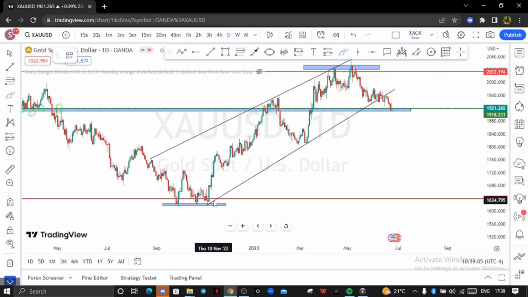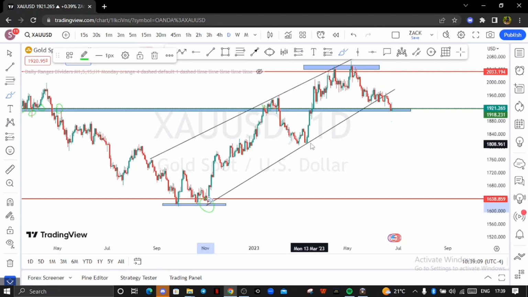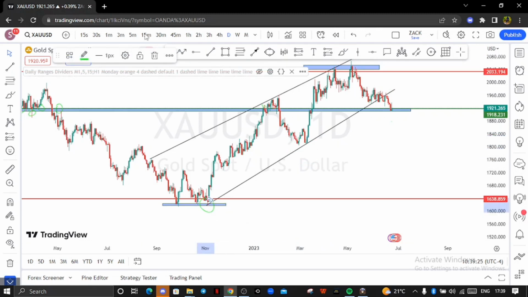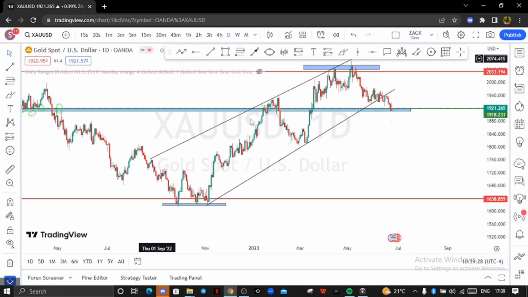They're normally high probability setups for me. When I see this as the first touch, this as the second touch, and then this was the third touch, but the market broke out. So at this point I'm expecting that the sales are highly probable, but I'll just be reacting to what the market will be showing me, because I don't know for sure. I'm waiting for confirmations before I can enter my sales.